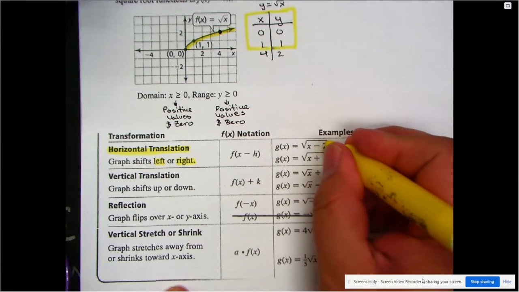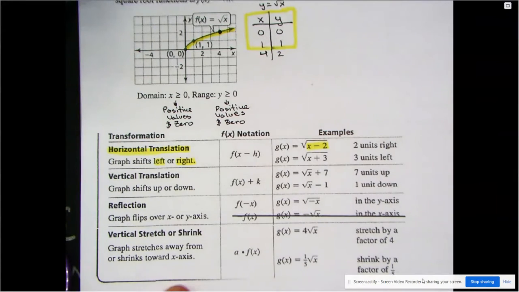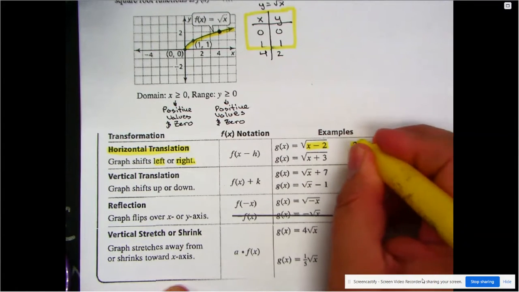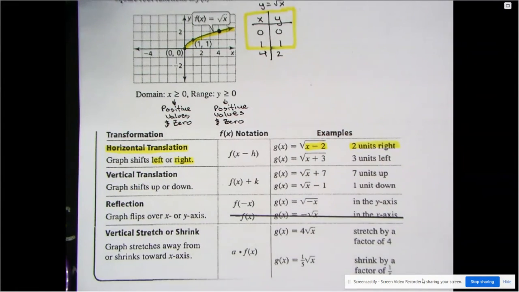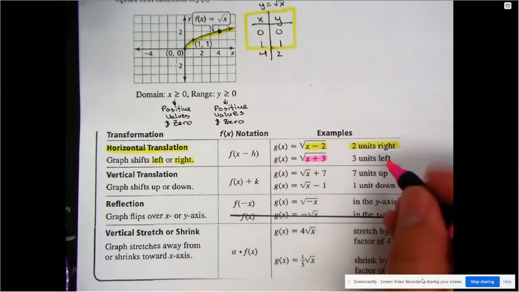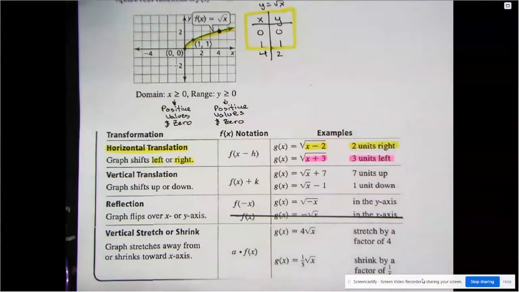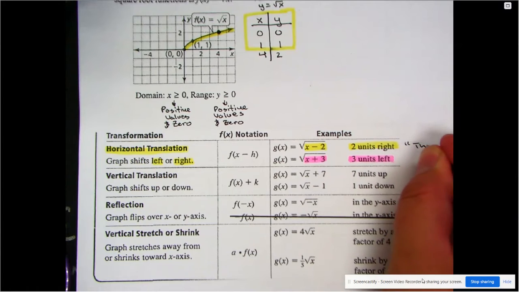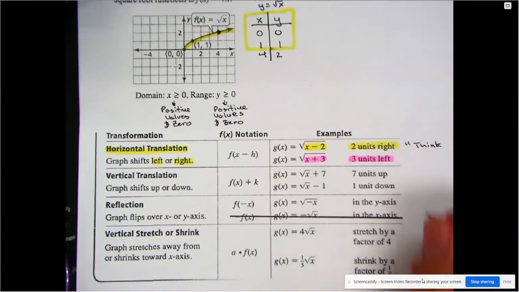But what they're saying is if you see it on the inside of the square root, you've got to look at that carefully. We always think opposite. So it says -2, so it says 2 to the right. The other one, of course, says +3 on the inside. And because it's on the inside, then we're going to go to the left. But this is, of course, as always, when we think opposite. So we'll make that little note to ourselves again.